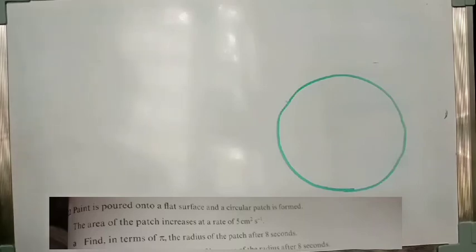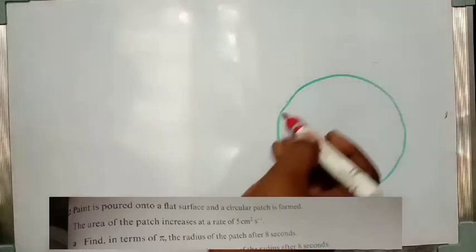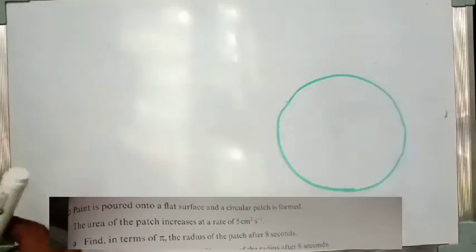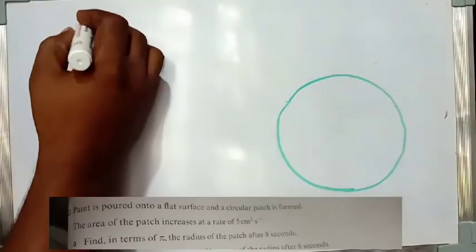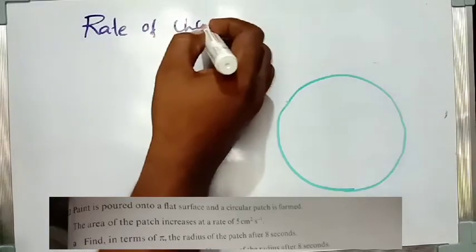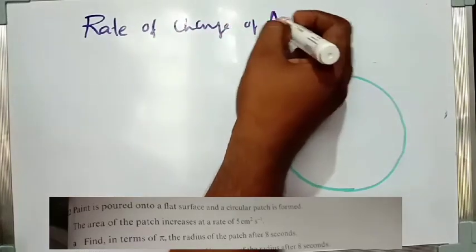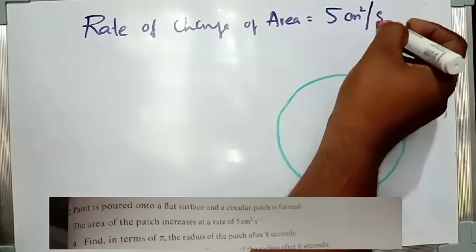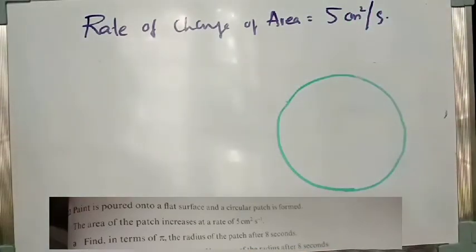So there is a rate of change in area of the circular patch. Every second there is an increase in area. So what is that increase in area? Rate of change of area is 5 centimeter squared per second. Every second 5 centimeter squared is increasing. That is what is meant by that. Okay.